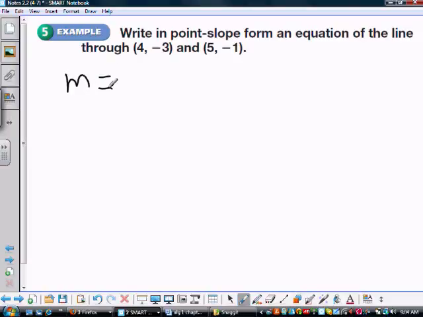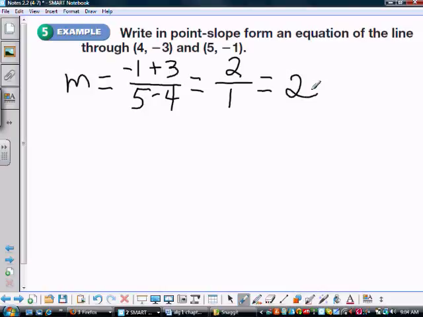All right, so how do you want to calculate slope? Negative 1 minus negative 3 is negative 1 plus 3 over 5 minus 4. Negative 1 plus 3 is 2. 5 minus 4 is 1. So I get a slope of 2.